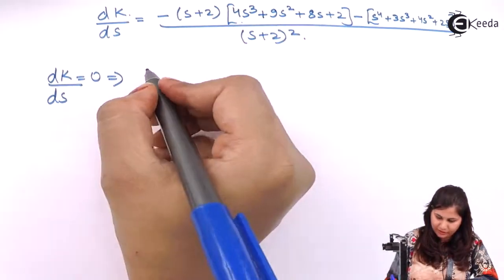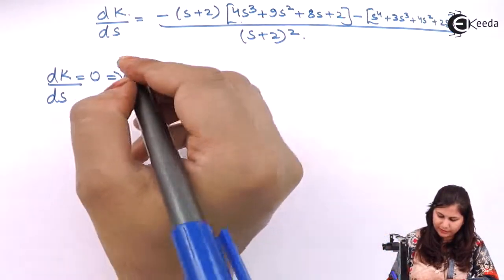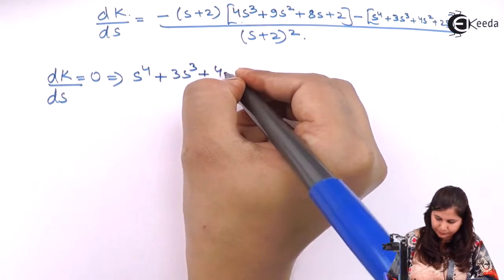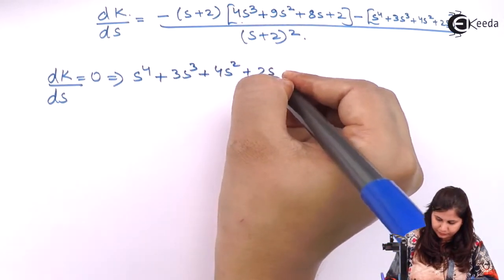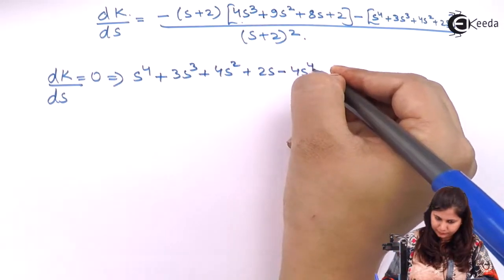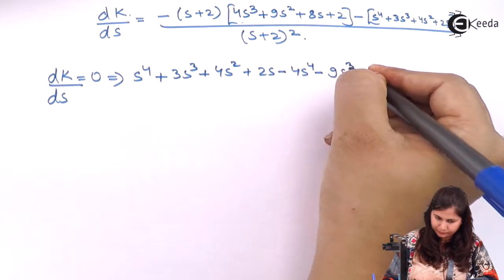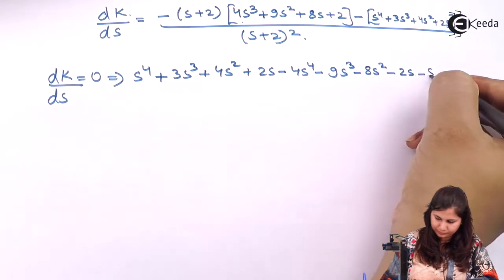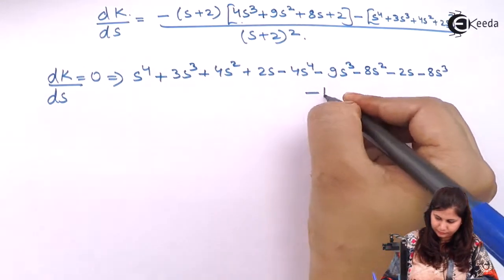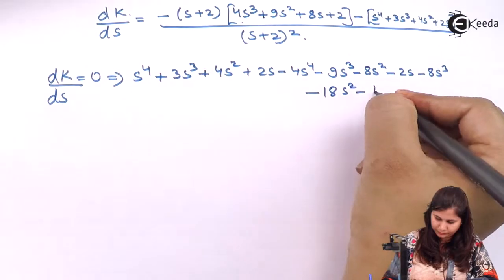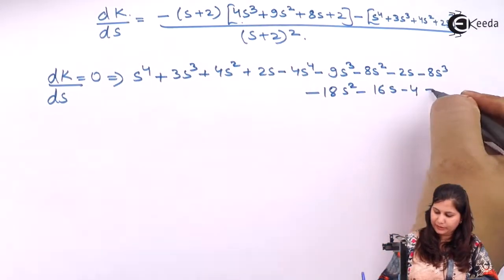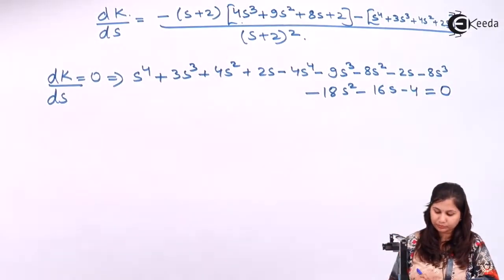So when we solve this, we will get our final equation, and we have to equate it to 0.